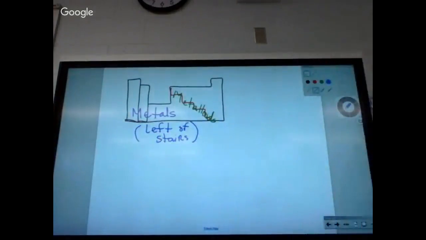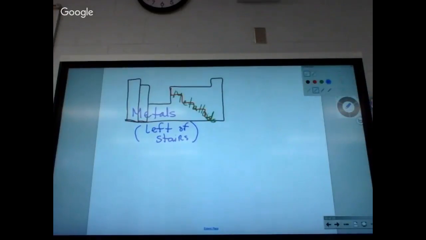So like on the chart, versus there, like uranium, that's why I said we'll talk about that. When we talk about metalloids, I'm going to tell you, it depends on which periodic table you look at. Not every periodic table labels the same elements as metalloids. Why that is, I have absolutely no idea.